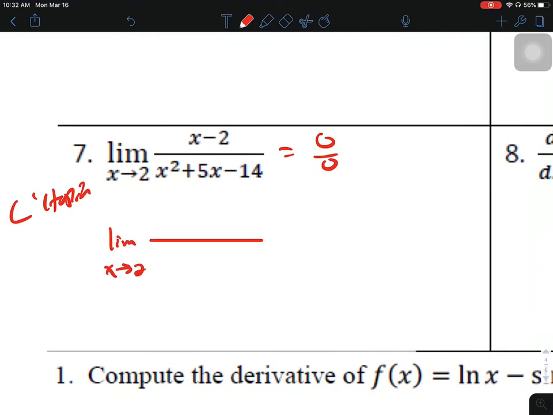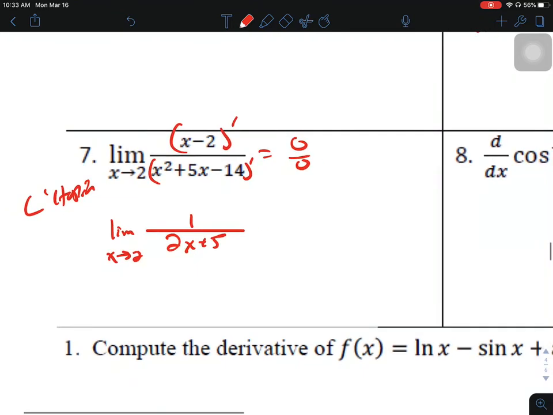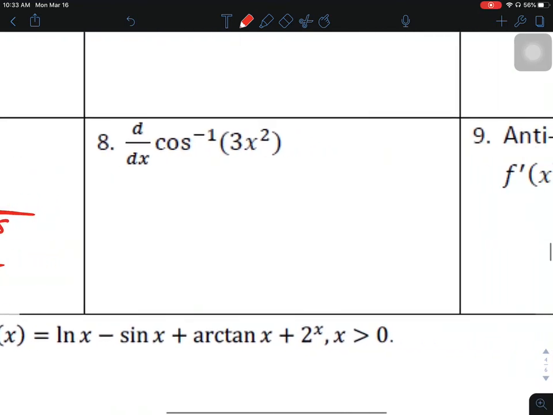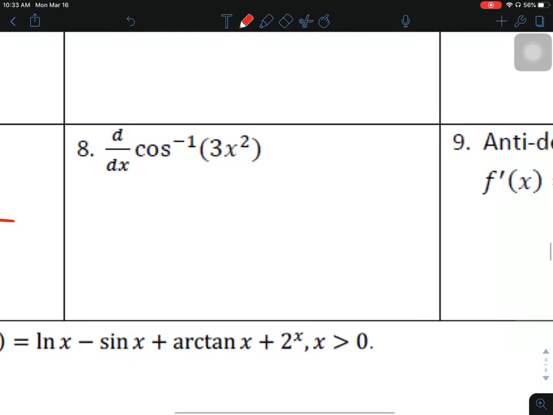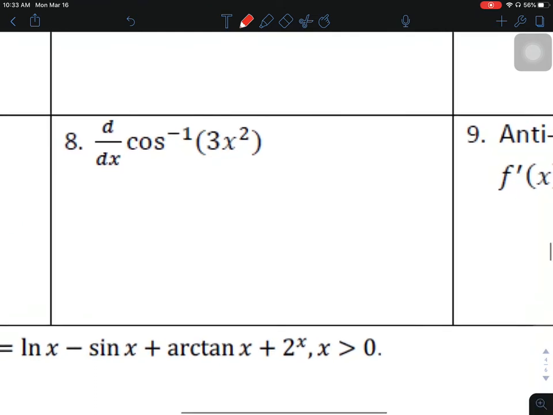Take the derivative of the top, which would be 1. Derivative of the bottom is 2x plus 5. And then if we use substitution, we're going to get 1/9. L'Hopital's rules.